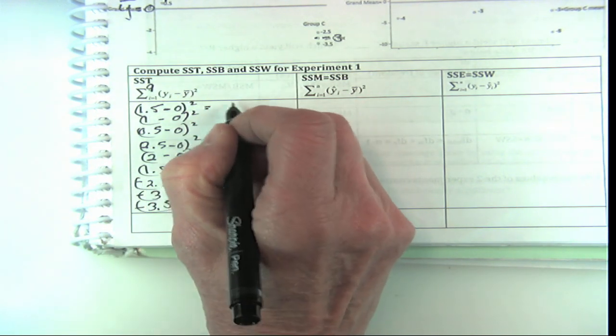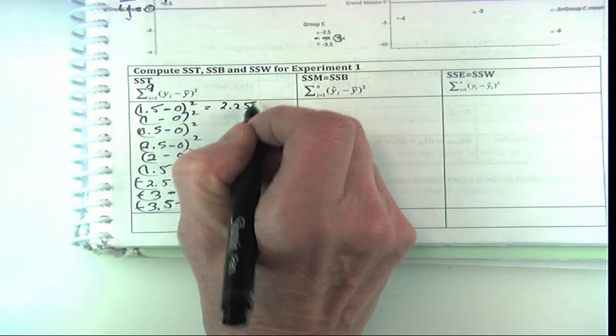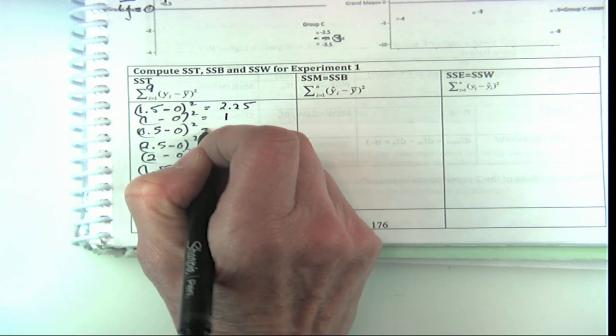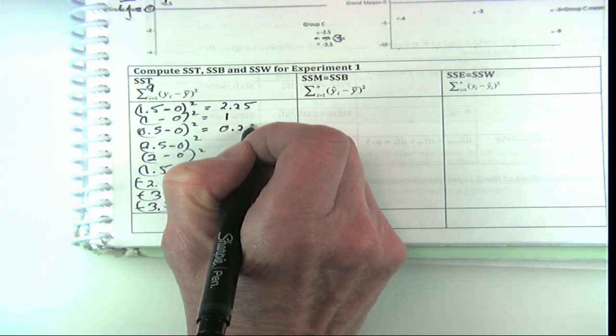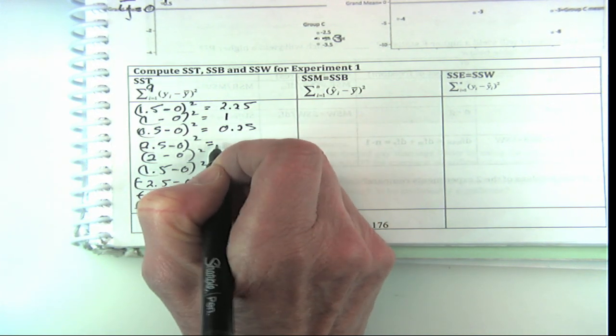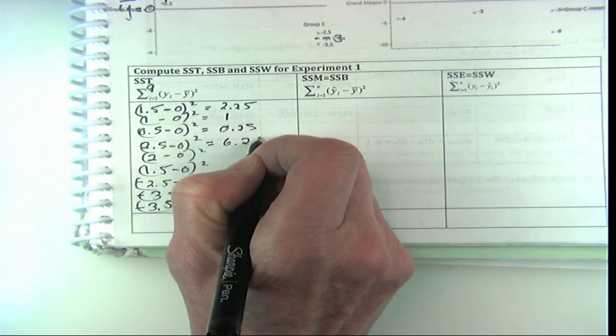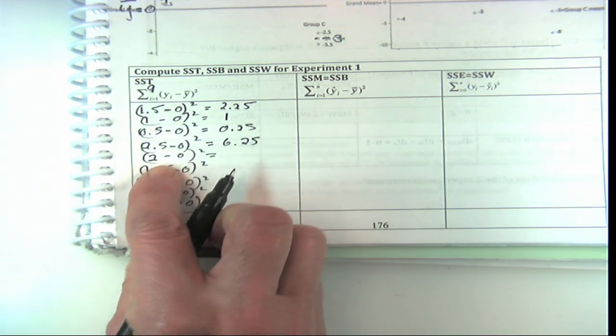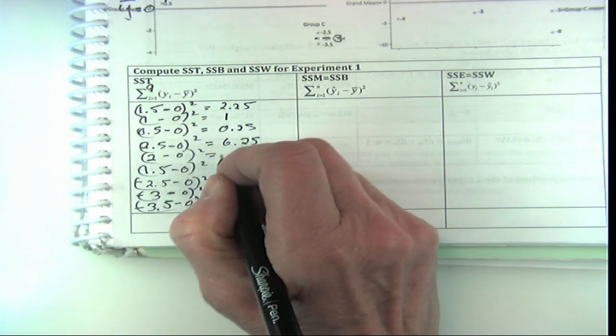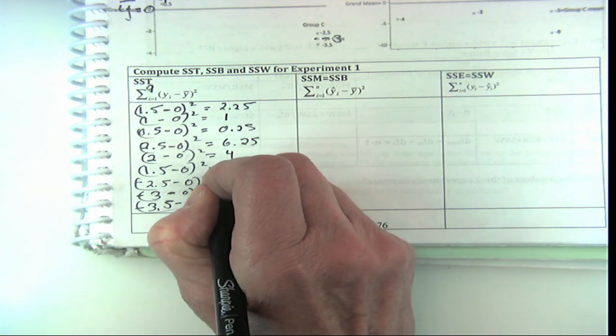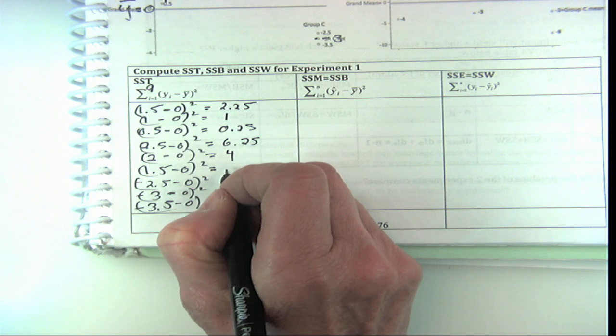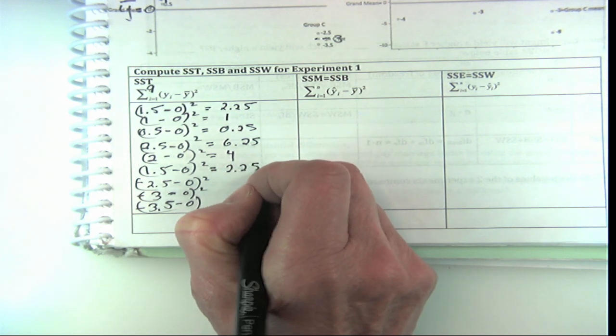1.5 squared is 2.25. 1 squared is 1. 0.5 squared is 0.25. 2.5 squared is 6.25. 2 squared is 4. 1.5 squared is 2.25.